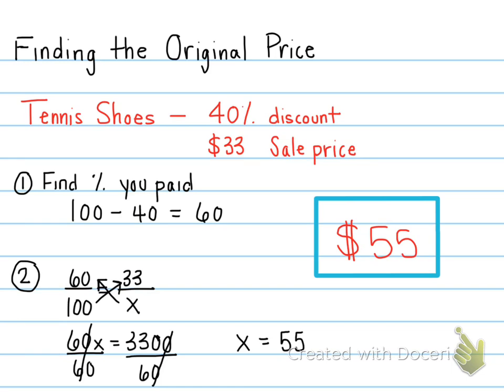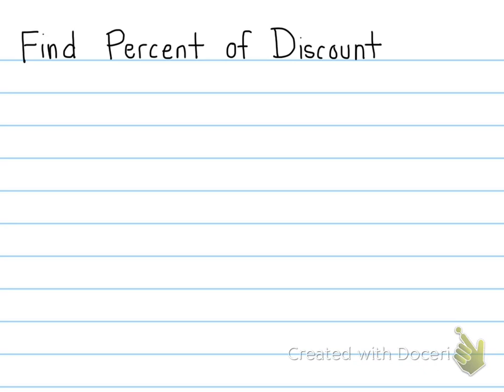Sometimes you have to find the percent of decrease. So let's say, for example, you are buying something and its original price is $82.